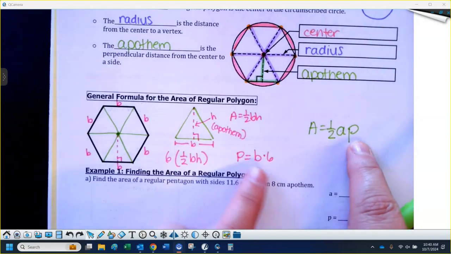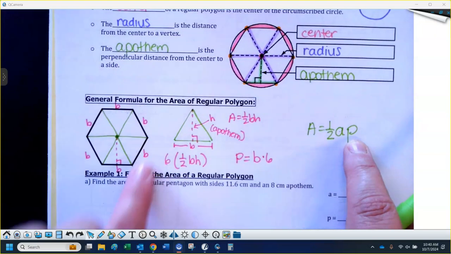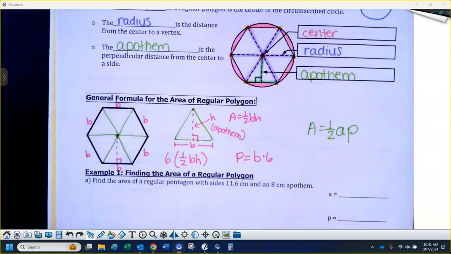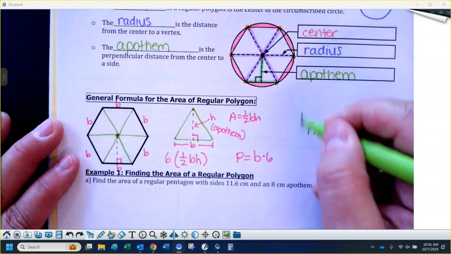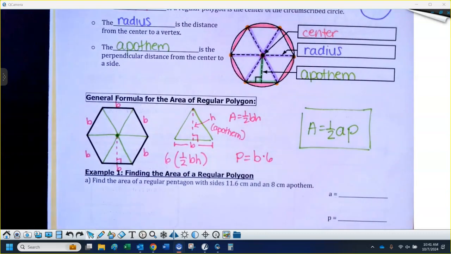So instead of using the base of the triangle, they use the perimeter to get the base of all the triangles. And the a is just the height of each of the triangles, and the 1/2 is part of your triangle area formula. That's literally all it is. By changing this out to be the perimeter, you do all the triangles in one step. And I don't have to worry about, like, if I had a hexagon here, we would do a 6. If we had a pentagon, we'd do a 5.